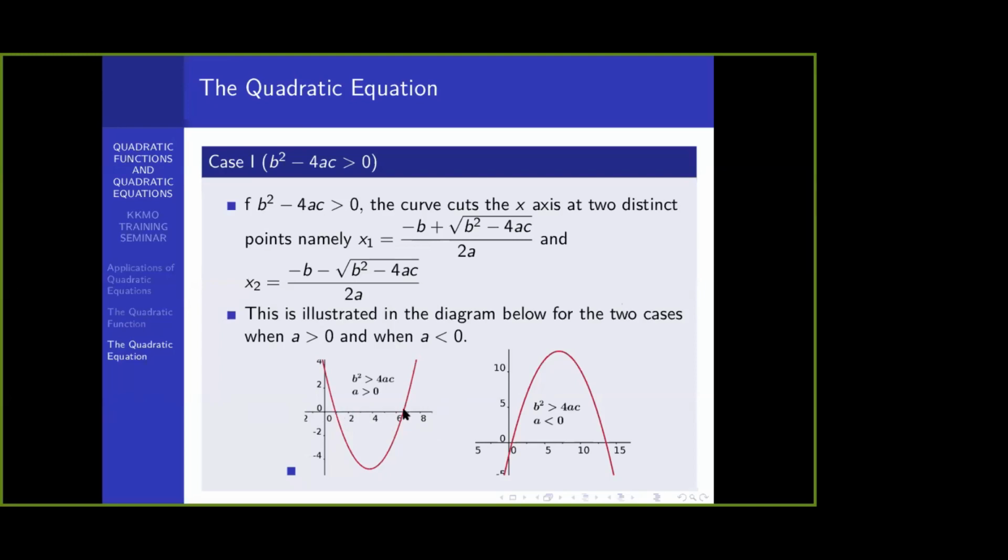And also for this case, points on this end will give you the intervals in which the graph is greater than 0. For this other one, the graph is greater than 0 only between the two distinct roots. If you call this x1 and this x2, the graph will be above 0 between those two roots. And that is when a is less than 0 and the curve is facing downwards.